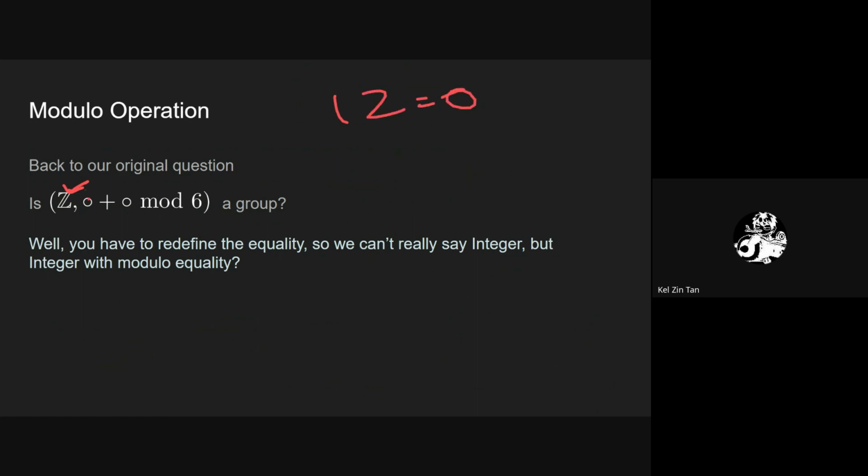But when we redefine our equality, we have to say that this set is actually a set of integers, but with modulo equality, to make sense of the group properties. So it's worthwhile to say this whole thing, and then we are trying to find if there is any way to simplify this notation.